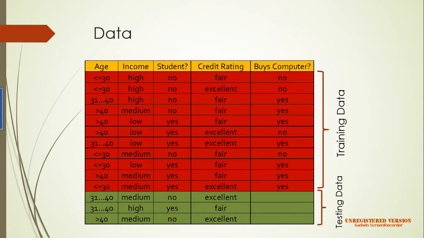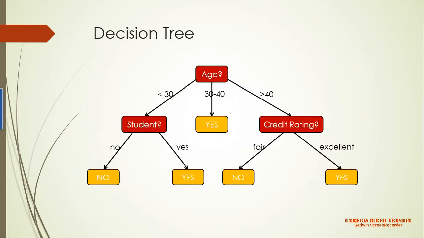So let's see. This is a decision tree applied to the data. It is simple to understand, so I am explaining only the decision tree here. You have the age attribute, divided into three types: below 30, 30 to 40, and above 40. Now you categorize the customers through age. When you come to below 30, you again check whether he's a student or not. If he is not a student, he will not buy a computer.